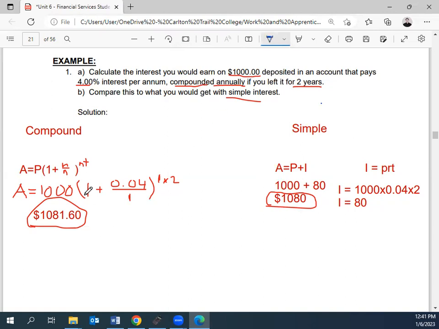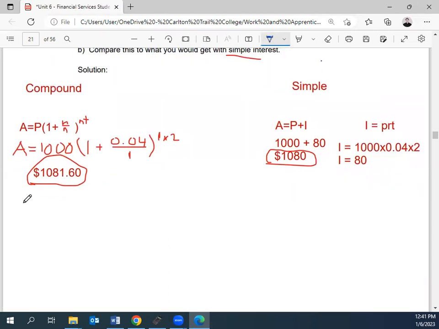So the reason you're earning more on compound versus simple is because remember, this is a 2-year investment, right? So year 1, year 2. On the first year, you're going to get $1,040 over here, 4% of this $1,000. So if you were to change this 2 to a 1, you get $1,040 here. But now for year 2, this formula changes.